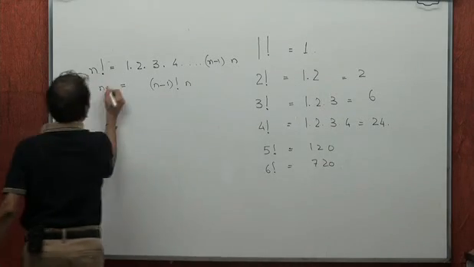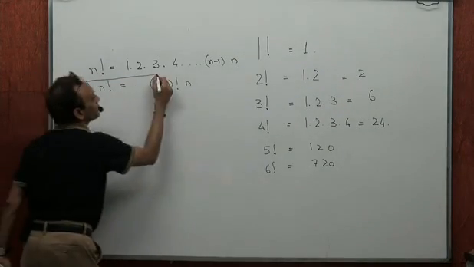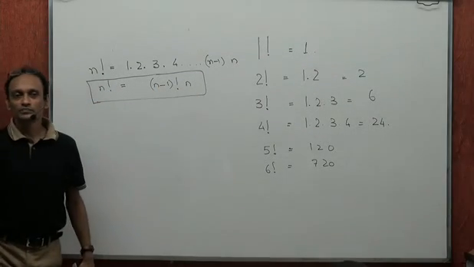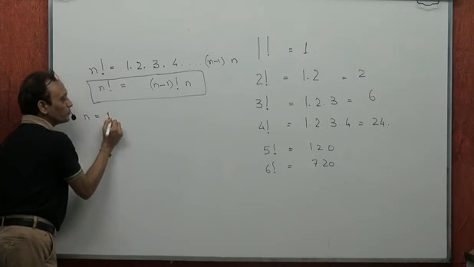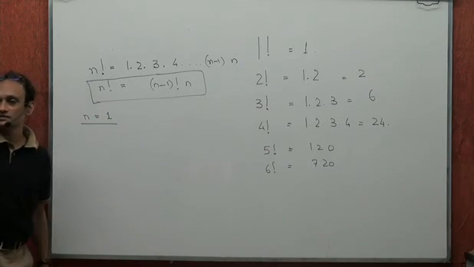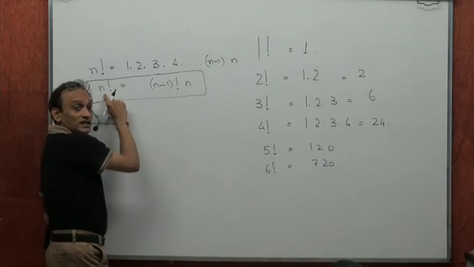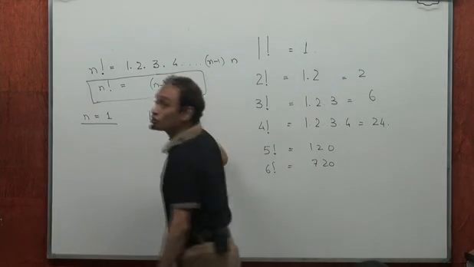So n factorial could be written as n minus 1 factorial into n. As a special case, if you plug in n equal to 1 here on both sides, then the left hand side is 1 factorial. This will be like a 0 factorial.